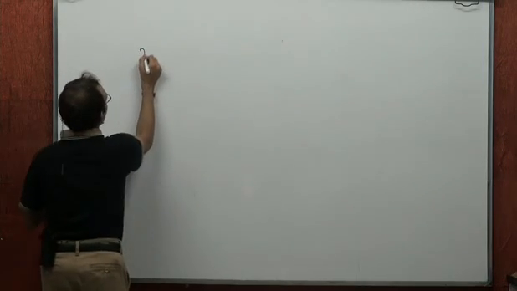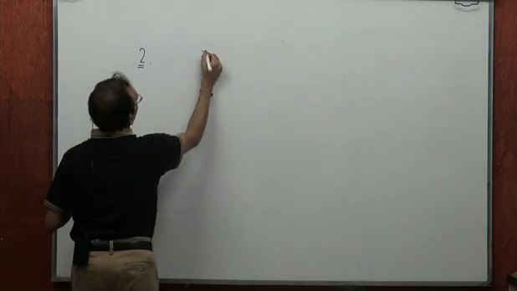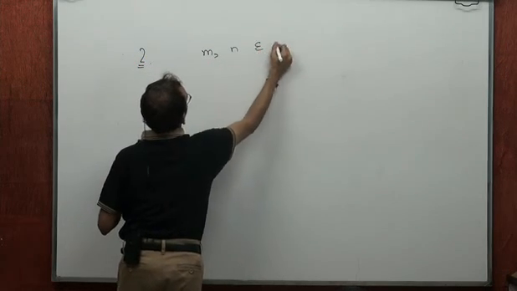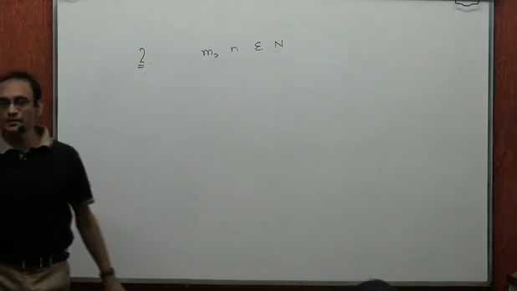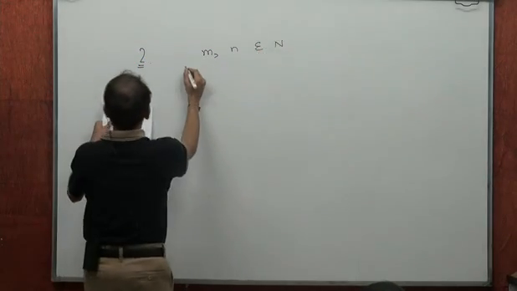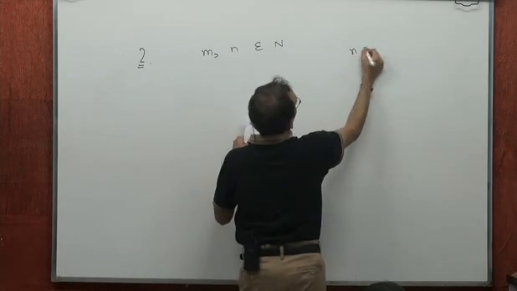So, in problem 2, we are talking of two natural numbers m and n, where n is a natural number greater than 5.